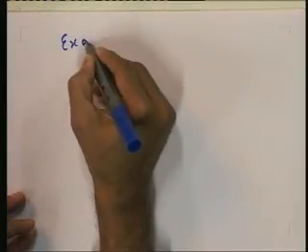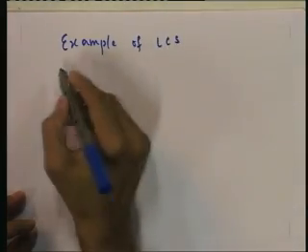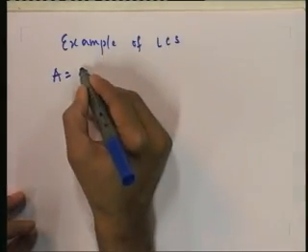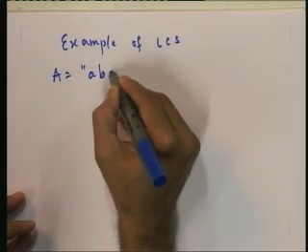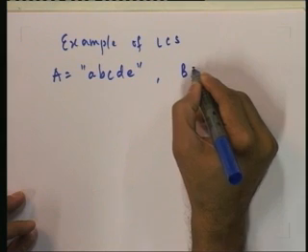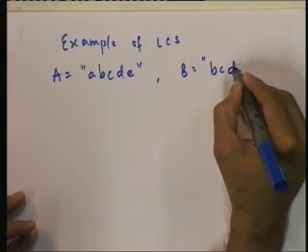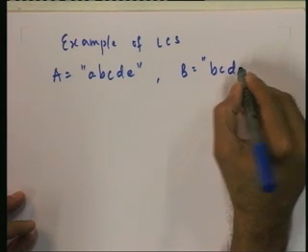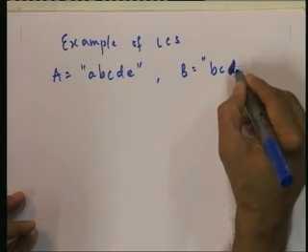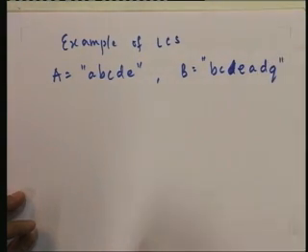So, let us take an example of LCS. Let us say A is the sequence of characters A, B, C, D, E, and let us say B is the sequence of characters, let me write it as B, C, E, A, D and some Q. They do not have to be of the same length.